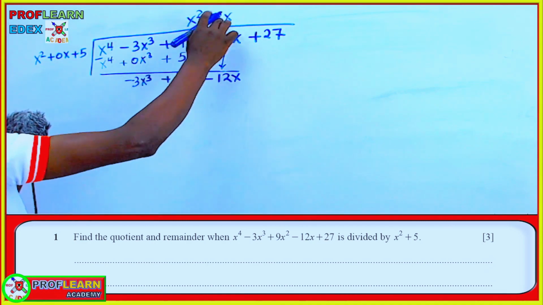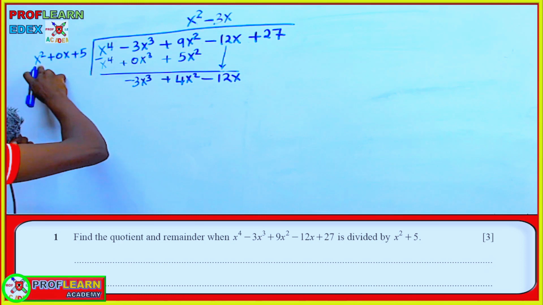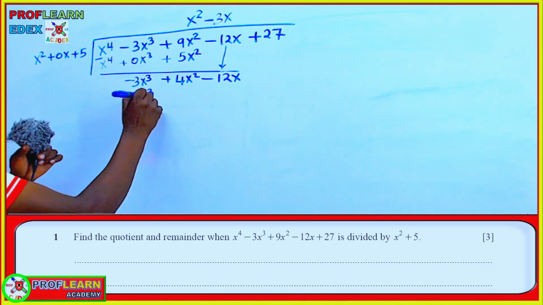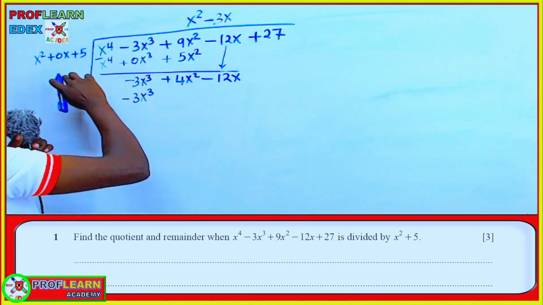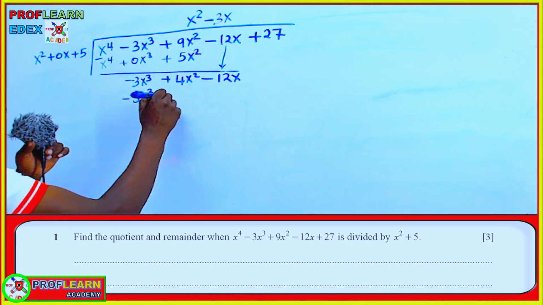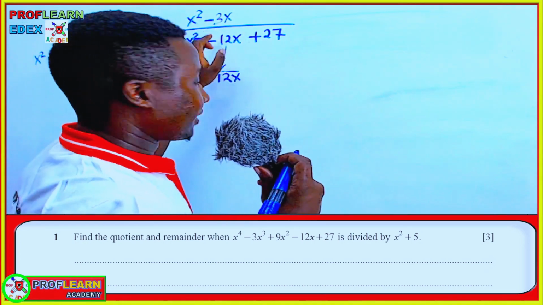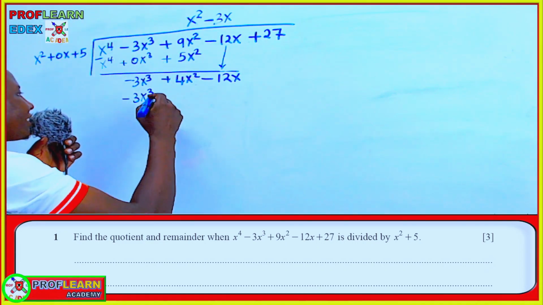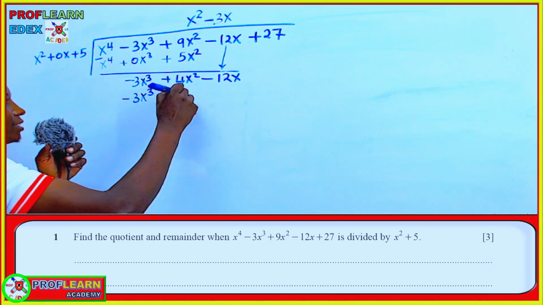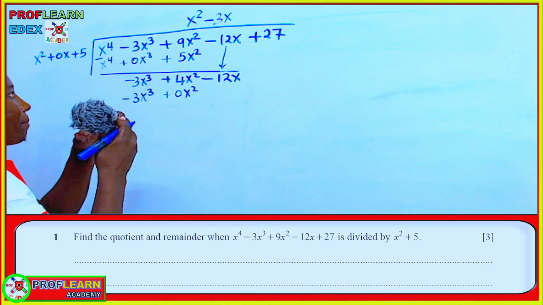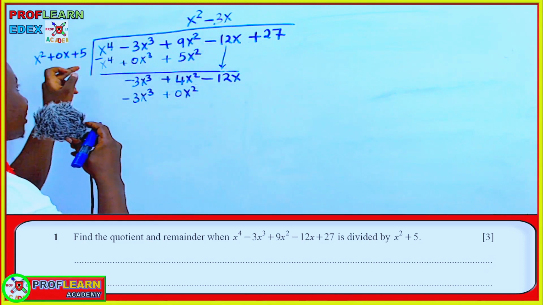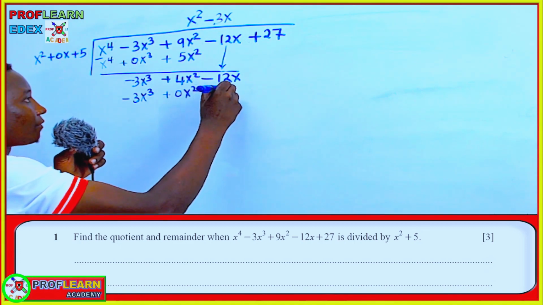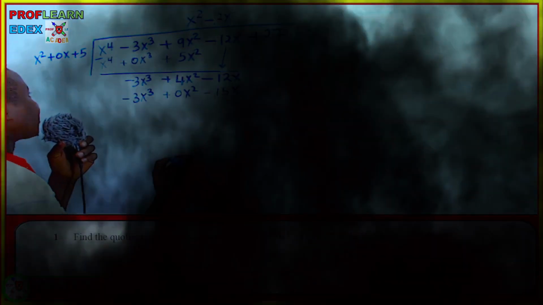So negative 3x times x squared, I'm going to get negative 3x cubed. Negative 3x times 0x, we're going to get 0x squared, so this is plus 0x squared. But negative 3x times 5, I'm going to get minus 15x, right?